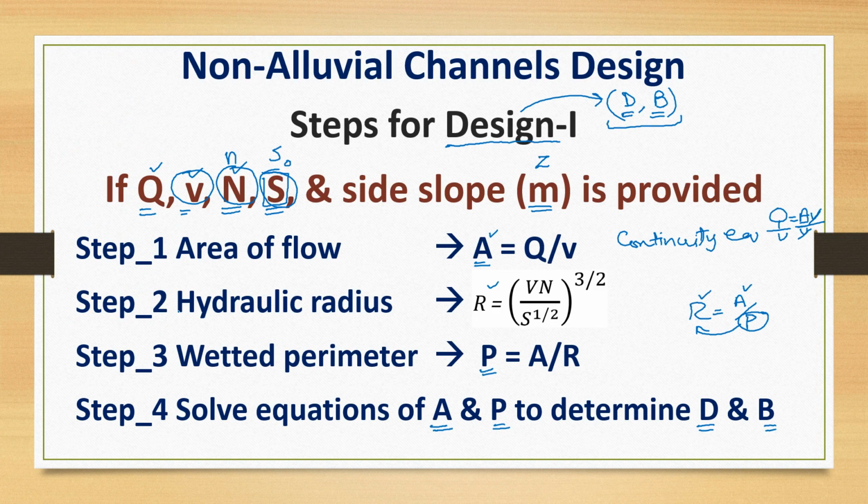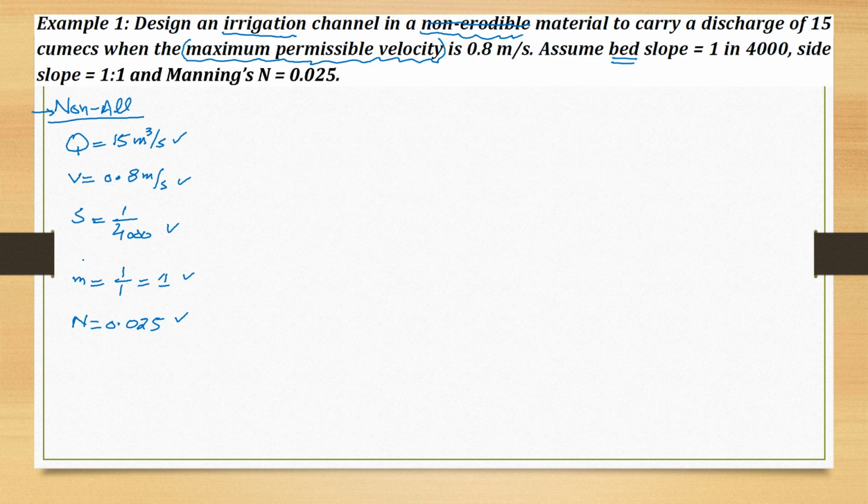Going to the last slide, we have Q in the question, we have V, n, S, and m. So we have five values. We'll follow these four steps. The last step will be somewhat lengthy, but other steps will be simple. So I will continue with step one.